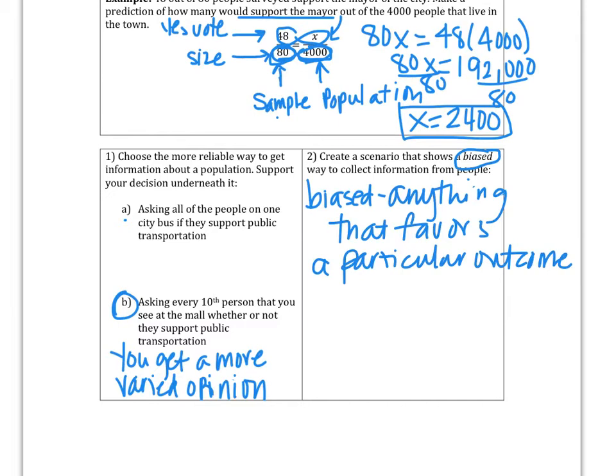And of course they're going to say, yeah, I think skateboarders should be able to skate anywhere, because they are the skateboarders. If you were to ask the general population, they might not like the fact that skateboarders are skating on stairs or in parking lots. They might have a different opinion. So if you're only going to ask those that it relates to or that it affects, then that's a biased sampling.